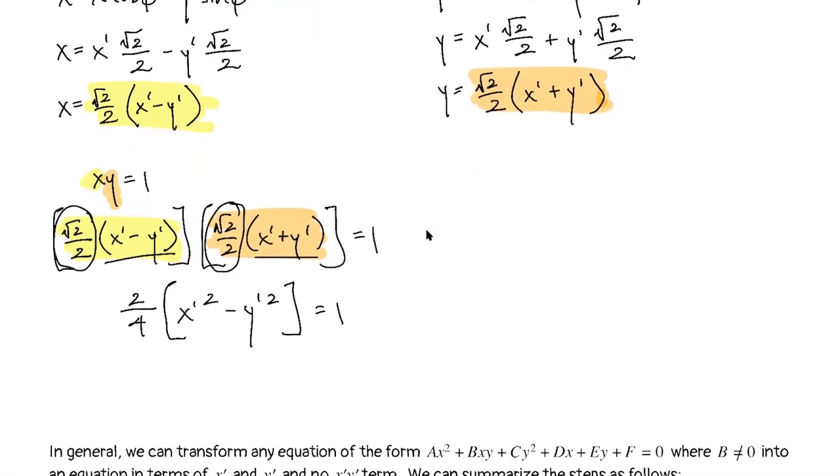Okay, 2 over 4 reduces to 1 over 2. So I'm going to reduce that and distribute it to the two terms I have here. Let's write it differently. It gives us x prime squared over 2 minus y prime squared over 2 equals 1.